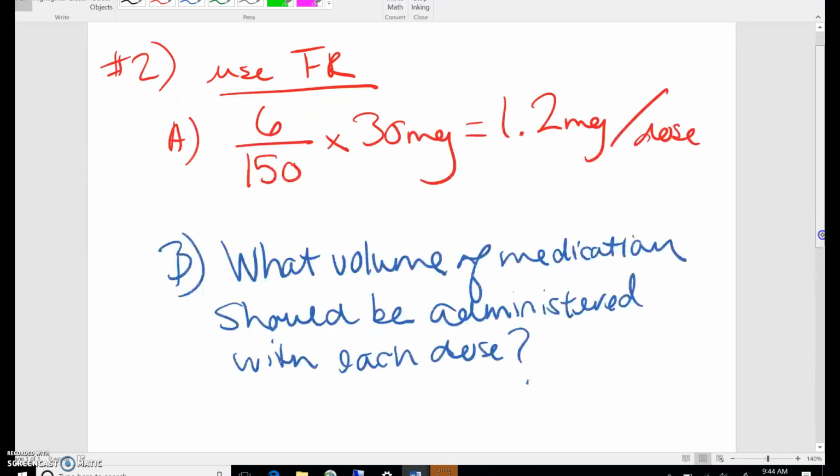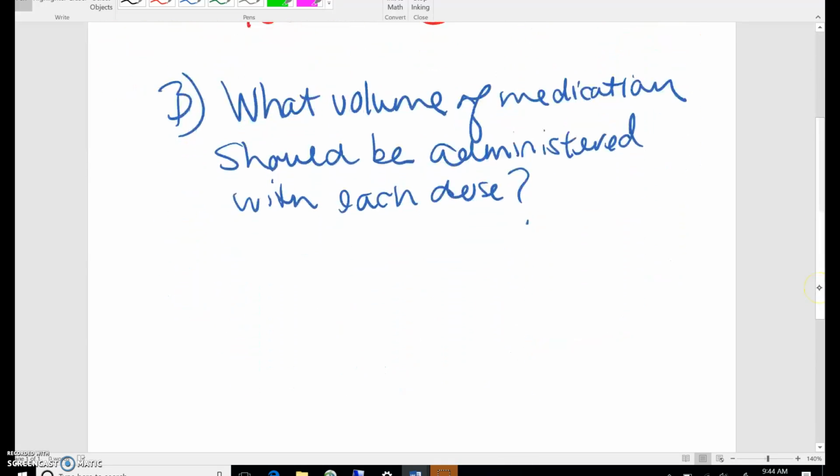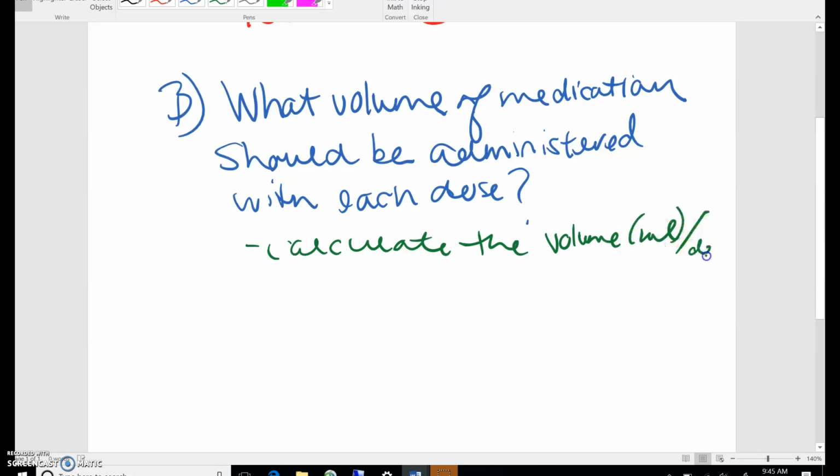So in detail, this question is asking you to calculate the volume, which is basically milliliters per dose.